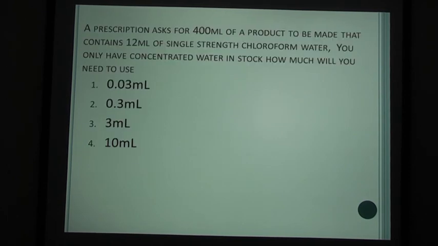Prescription asks for 400 milliliters of a product to be made that contains 12 milliliters of single-strength chloroform water. You only have concentrated water in stock. How much will you need to use?